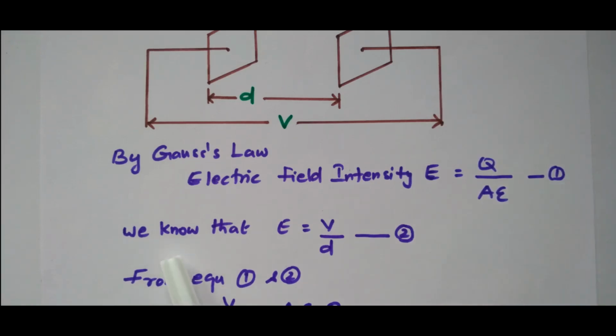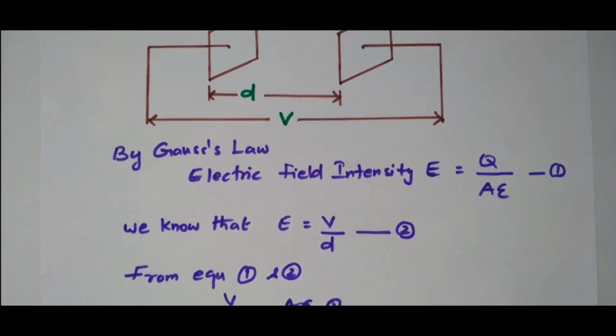And also in general, the electric field intensity is given as V divided by D, potential divided by distance. Take this as equation number 2. From equations 1 and 2, both are the electric field intensity, so we can equate them.